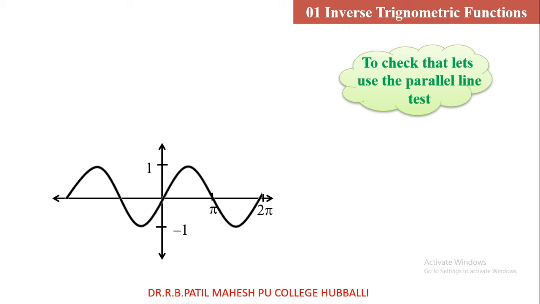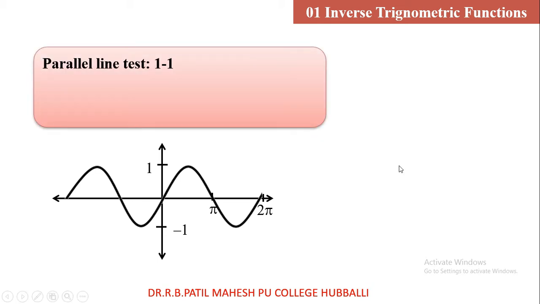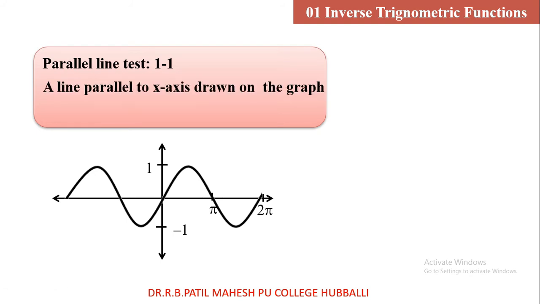That is called the parallel line test. What is the parallel line test for one-one? A line parallel to the x-axis drawn on the graph must meet the graph at only one point. Then the function is one-one. If the line parallel to the x-axis meets the graph at more than one point, that is not a one-one function.